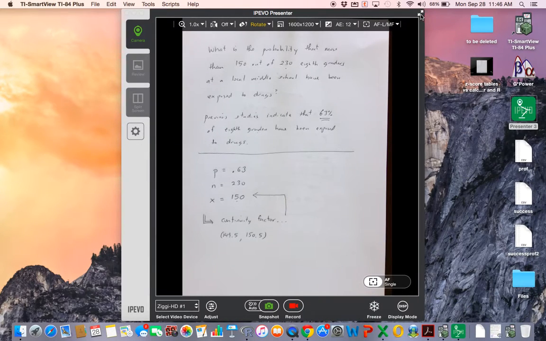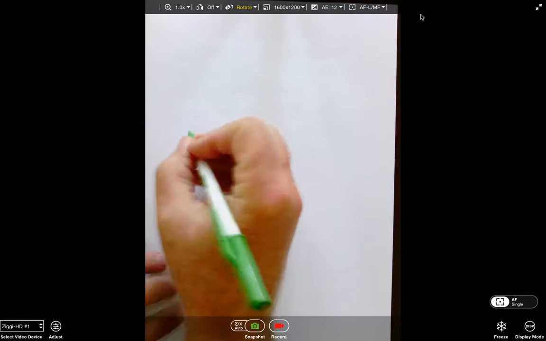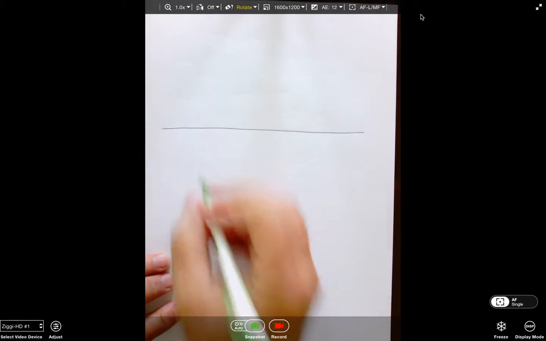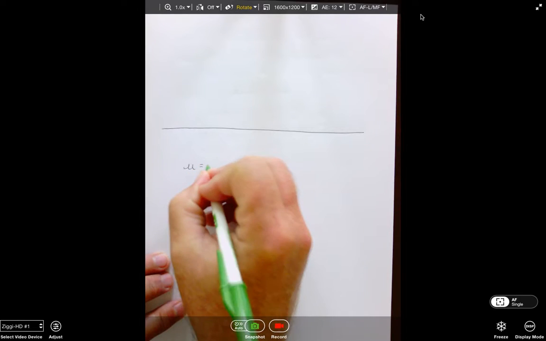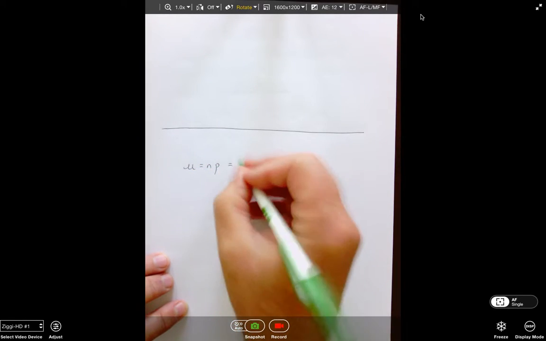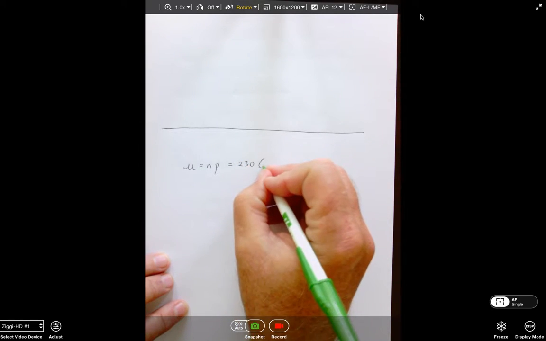So now comes the fun part. We are now in the normal distribution that has mean n times p. So guys, n in this case was 230. And p in this case is 0.63.